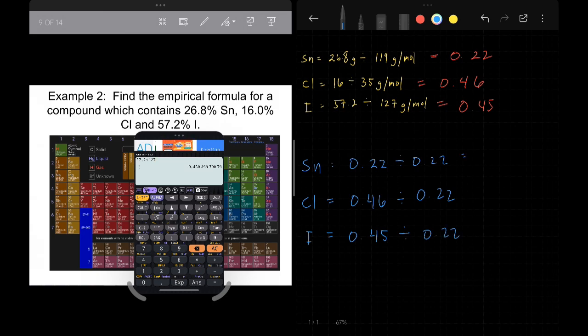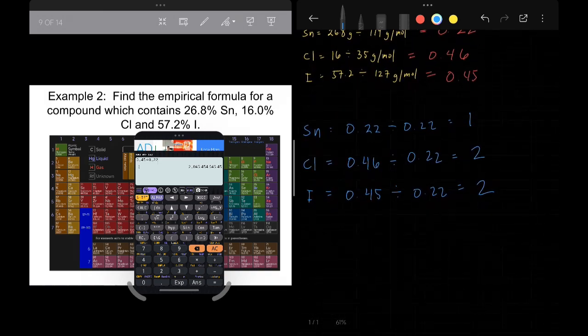So let us now calculate all of them. So 0.22 divided by 0.22, that will be 1. For chlorine, 0.46 divided by 0.22, we got 2. And then for iodine, 0.45 divided by 0.22, we got also 2.